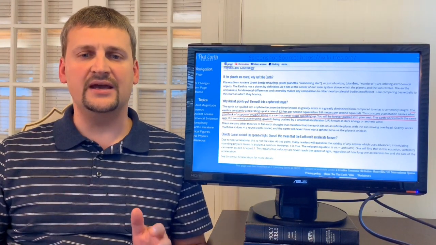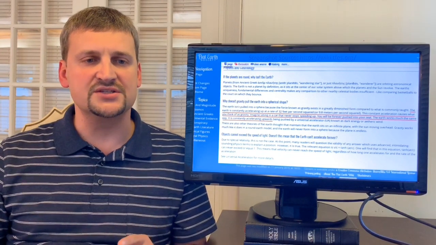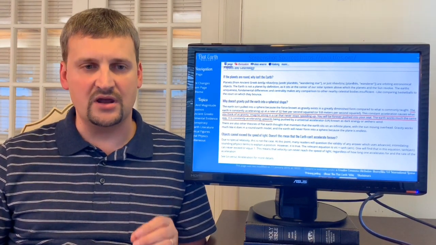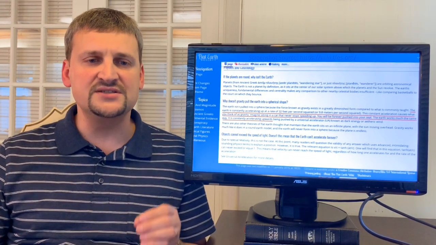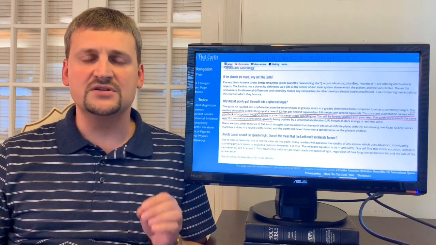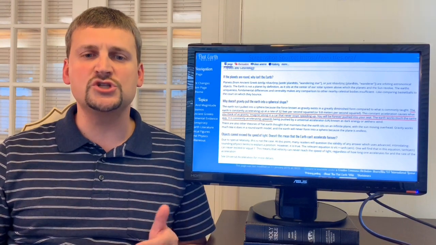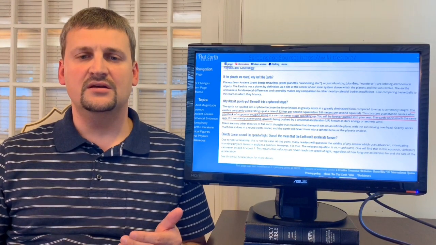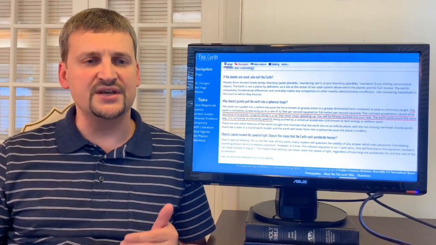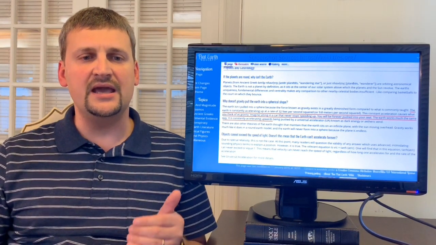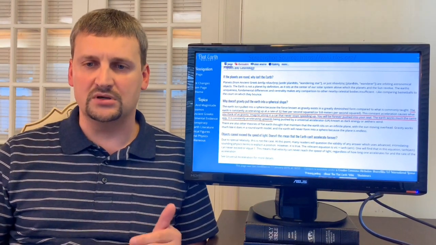This constant acceleration causes what you think of as gravity. Imagine sitting in a car that never stops speeding up. You will be forever pushed into your seat. The Earth works much the same way. It is constantly accelerating upwards.